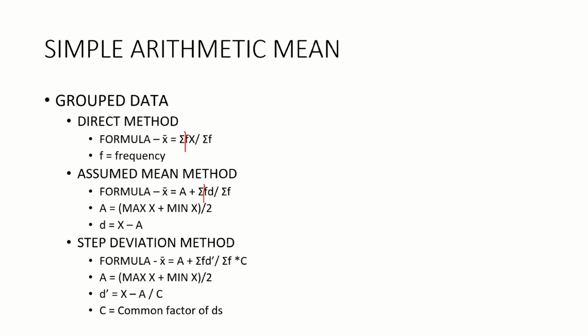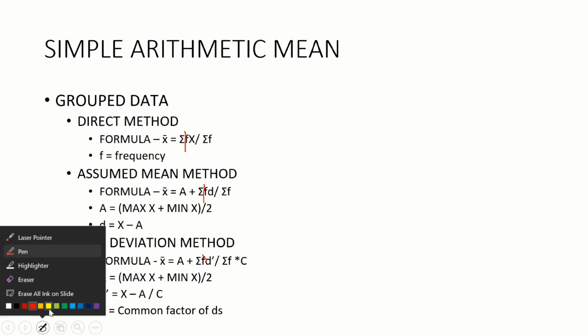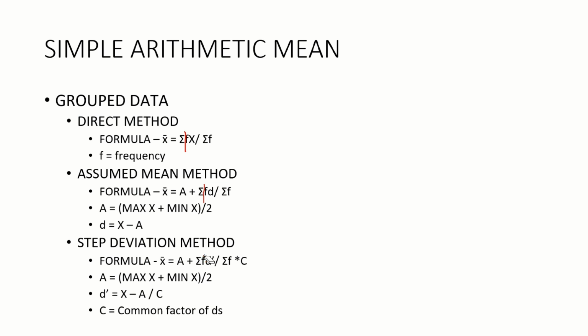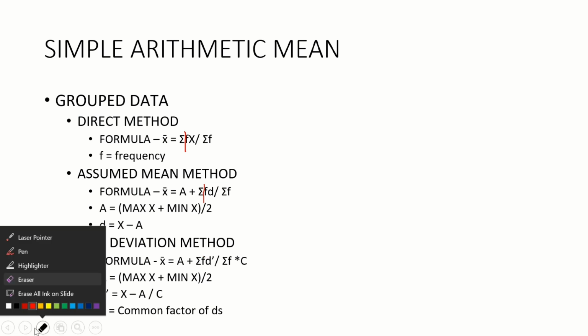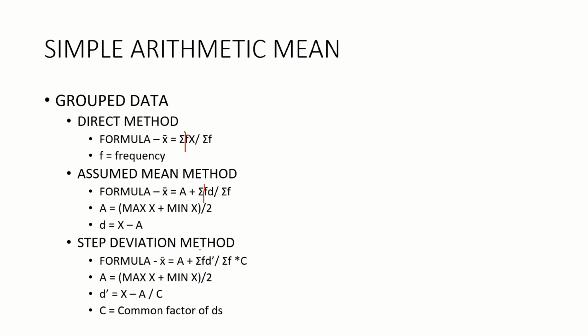In the step deviation method, this is a little indent. Here we do assumed mean, which I just explained, plus. Now again, we divide it over here. My apologies. So over here, the assumed mean plus, as I told you many times, this will occur that you're confused, but nothing to be confused about.